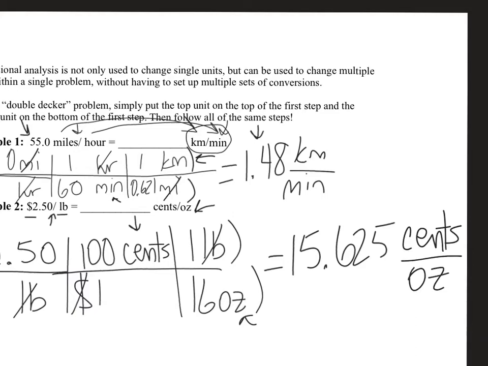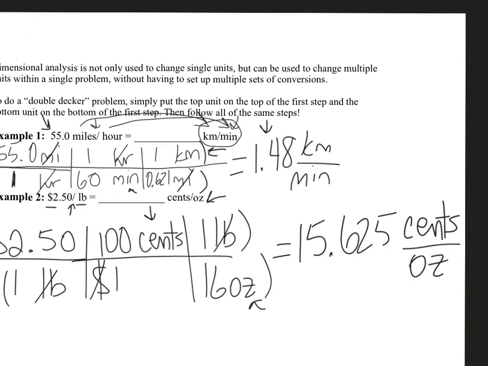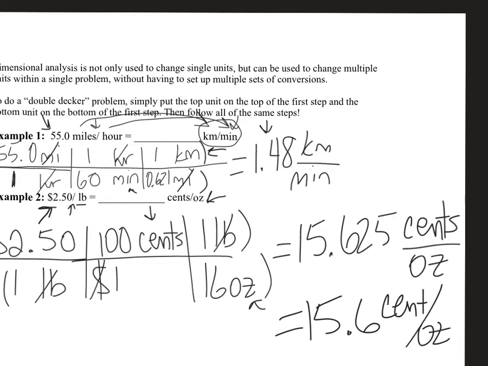Last thing you got to worry about is sig figs. If I look back at the start of my problem, 2.50 has 3 sig figs, so I'm going to round my final answer to 15.6 cents per ounce.